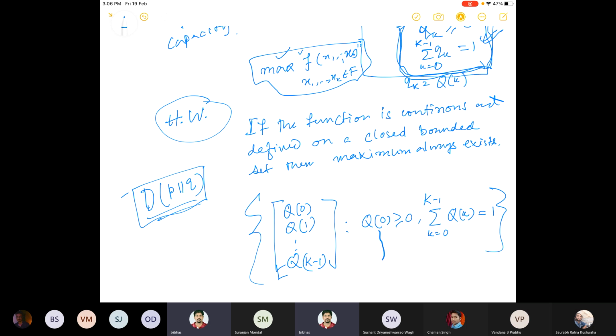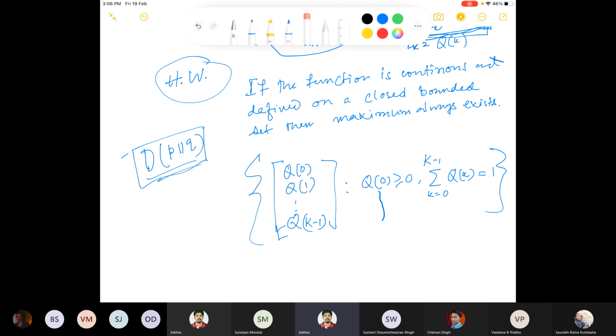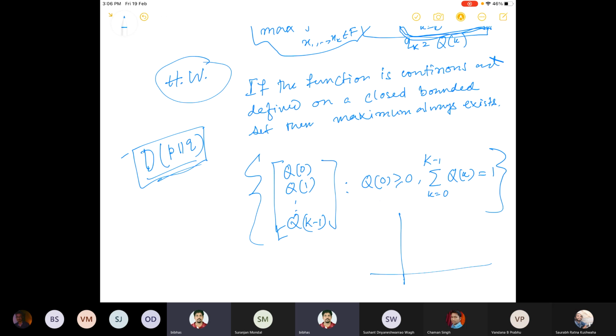Now, if k is equal to 2, then you can plot it. What does this set look like? K equal to 2 means all two-dimensional vectors.